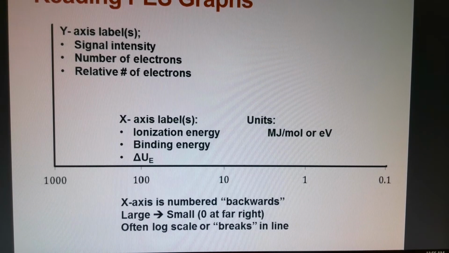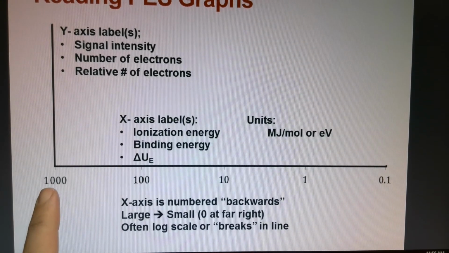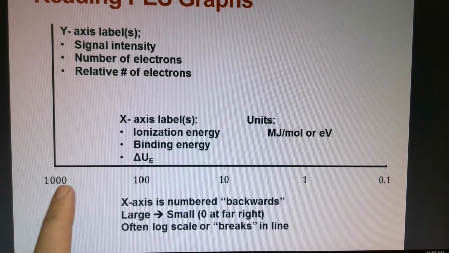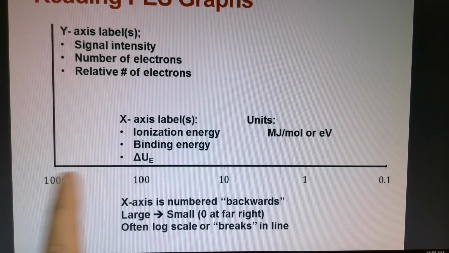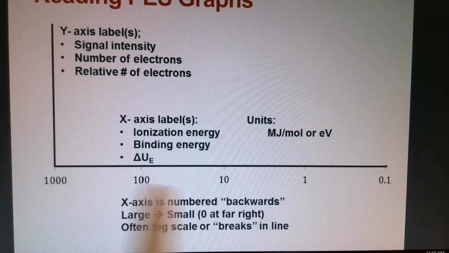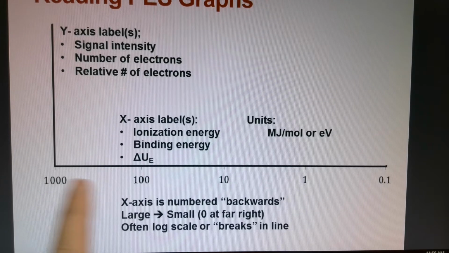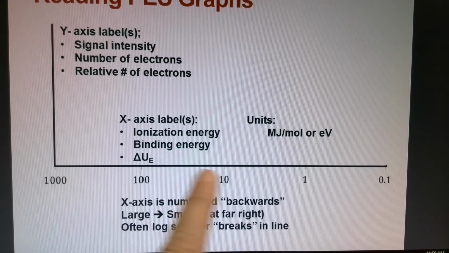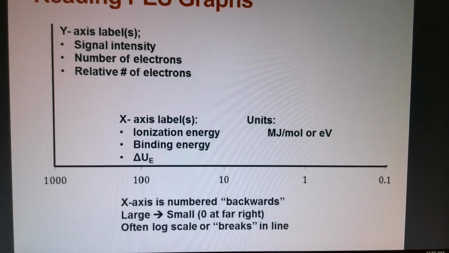Also, a lot of times it'll be in a log scale. So notice this isn't going by ones or tens or hundreds. It's going by powers of 10. So 1,000 to 100 to 10. And again, that's simply for ease of use in reading, because the scales can be quite large.